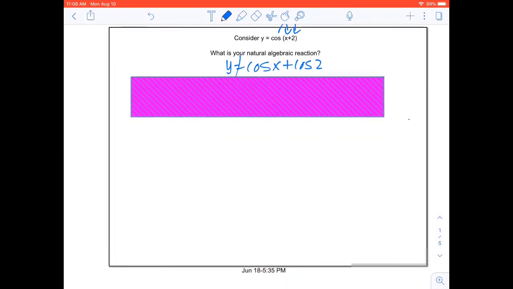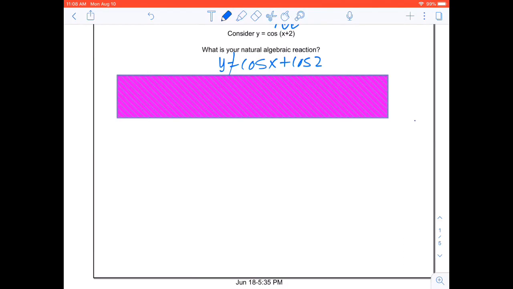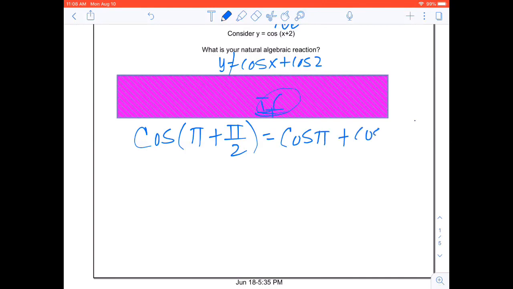Well, let me give you some more concrete problems. Let's talk about finding the cosine of the sum of two angles. I'm going to pick pi and pi over 2 because those are pretty easy to calculate. So if your conjecture is that this is equivalent to the distributive property, let's explore that. We know on the unit circle that the cosine of pi is -1, and the cosine of pi over 2 is 0.